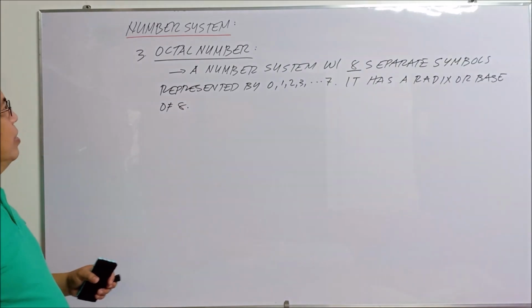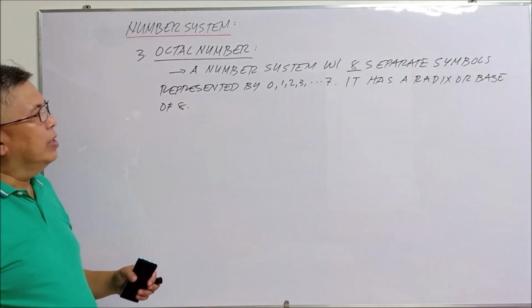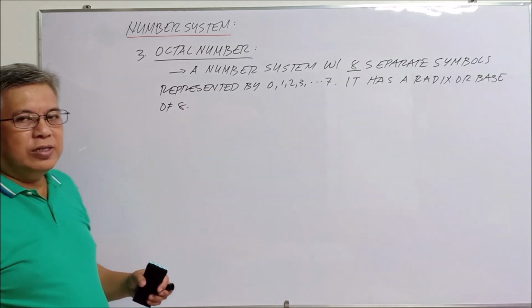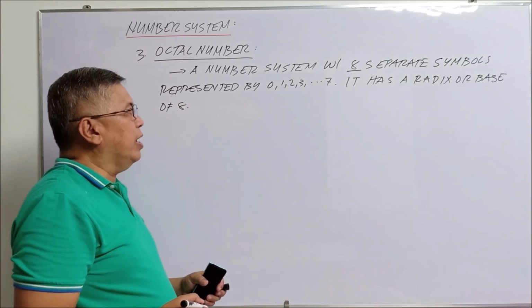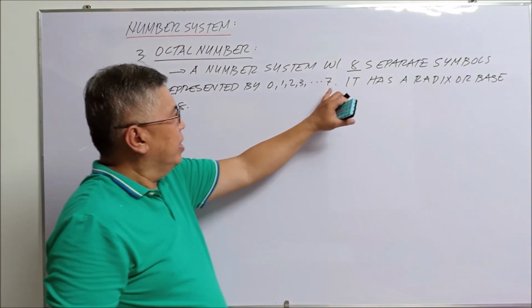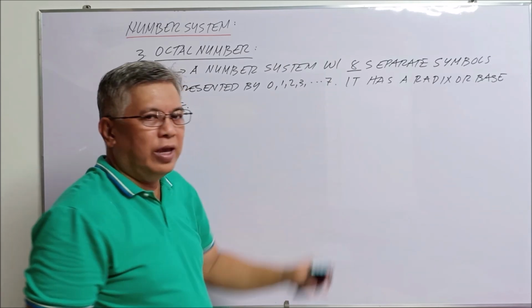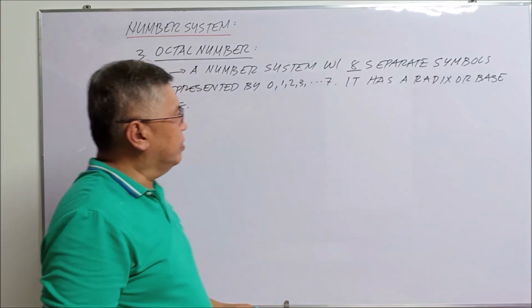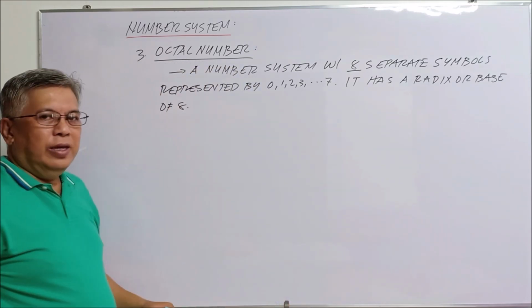So again, octal number system is defined as a number system with 8 separate symbols represented by 0, 1, 2, 3 up to 7. So there is no 8. From 0 to 7, that is 8 separate symbols. It has a radix or a base of 8.